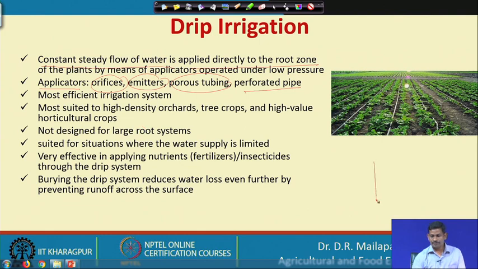Suppose this is the plant, and there is the drip at this point. Water is flowing, and the pipe will have an opening at one point that drips water at that particular point and wets only this portion.